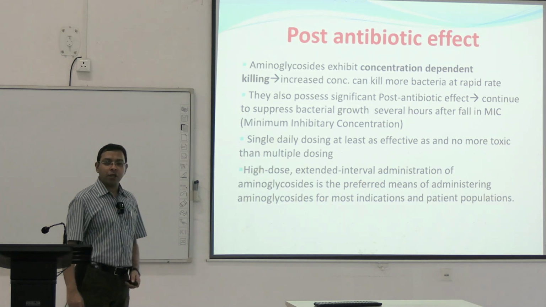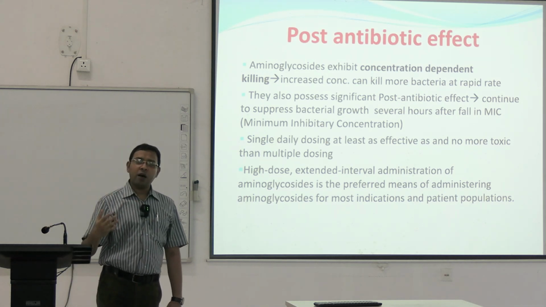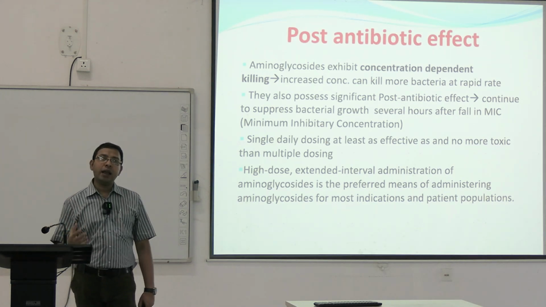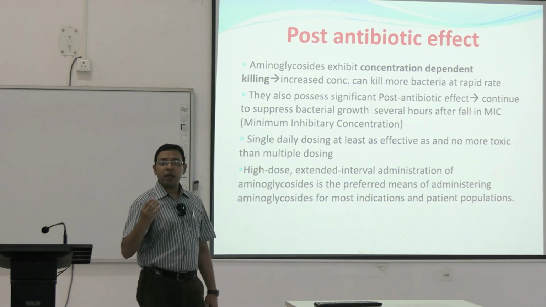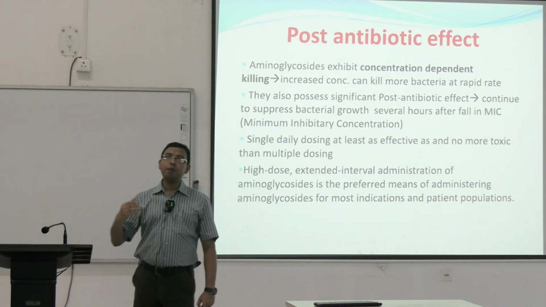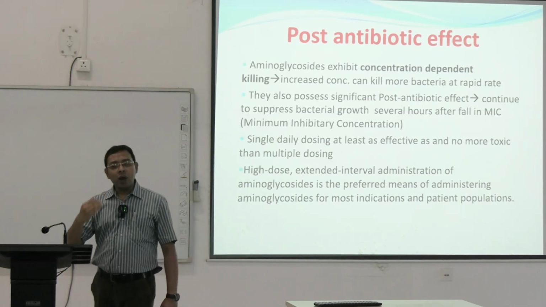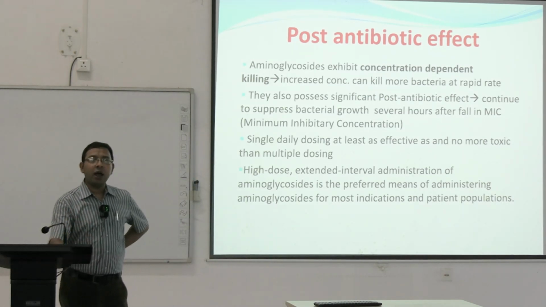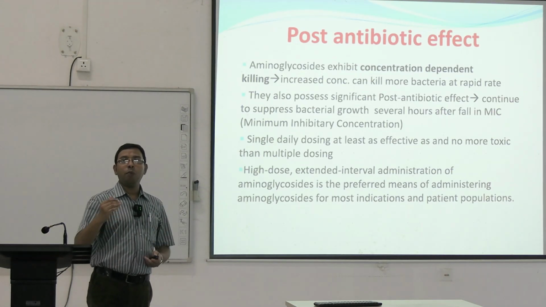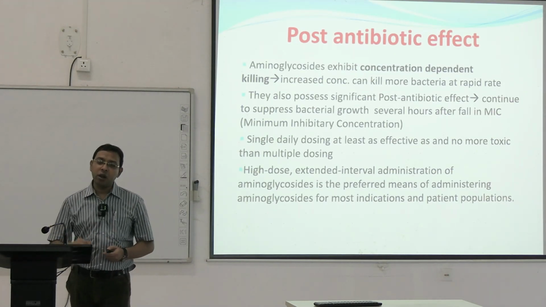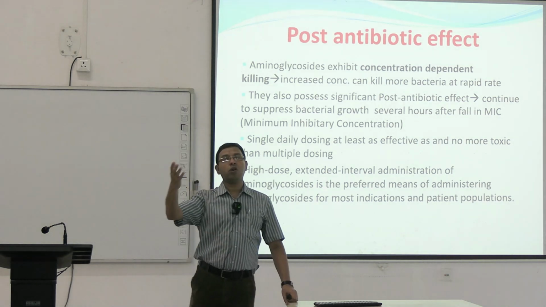Aminoglycosides were previously used very commonly, but it has been seen that the adverse effects are also very large. Usually the half-life of aminoglycosides is short, so previously they were used 3 or 4 times a day. When used 3 or 4 times a day, there is more chance of the concentration being more than the minimum inhibitory concentration, but also more chance that it will be higher than the toxic concentration.